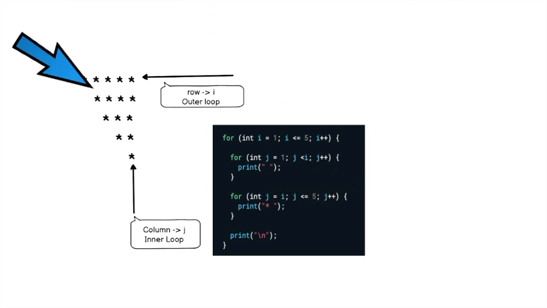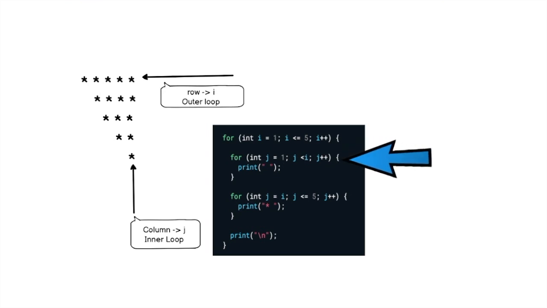For the first row the value of i is 1, so j equals 1 and j less than i means 1 is less than 1, this will not hold true, and the print would not be executed. On the second row the value of i is 2, j is equal to 1, j is less than 2, and then j plus plus, so it goes inside one time.